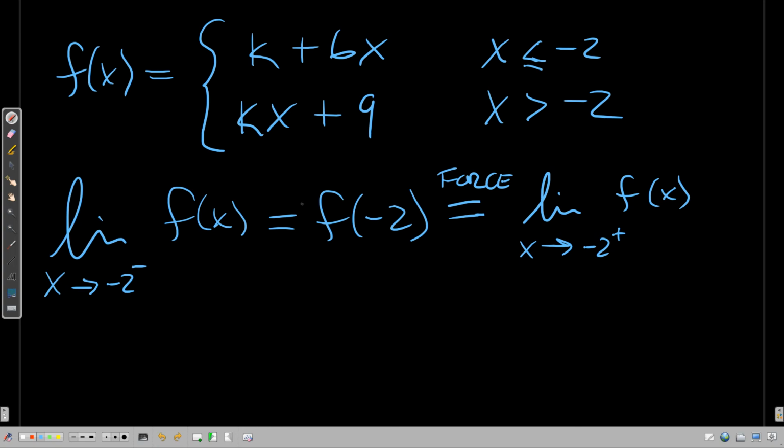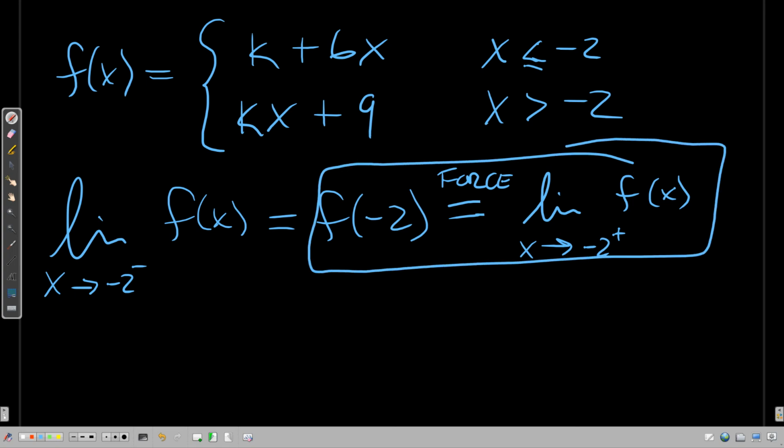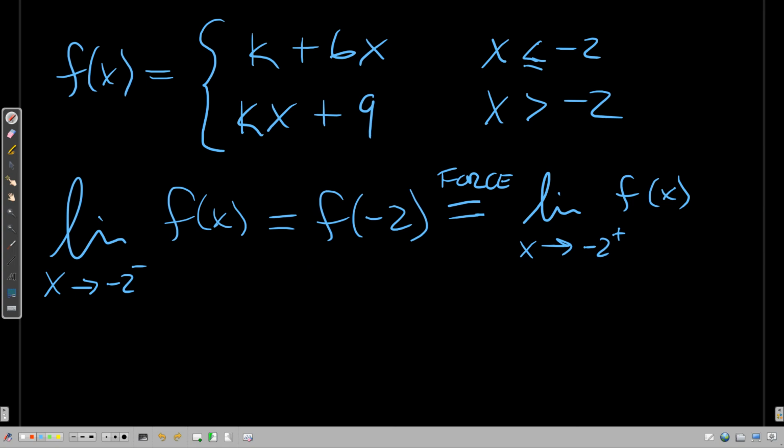Alrighty. This one was already true. It looks like I only need to focus on this part. Now f of -2 is using the top portion of the rule. So f of -2 is simply k plus 6 times -2.